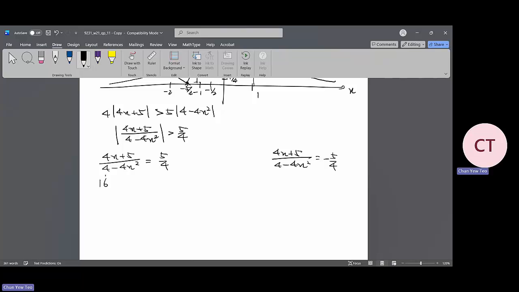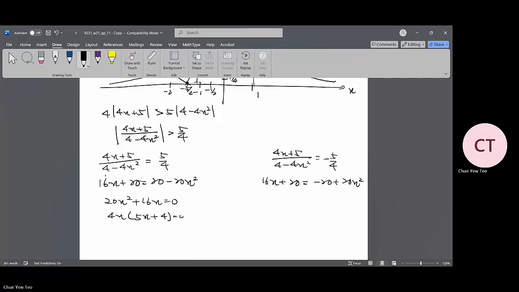You will have 16x plus 20 is equal to 20 minus 20x squared. Over here, you will get 16x plus 20 equal to negative 20 plus 20x squared. So over here, you will get 20x squared plus 16x equal to 0. Factorize the 4x out, you will get 5x plus 4. So your x is 0, your x is negative 4 over 5.